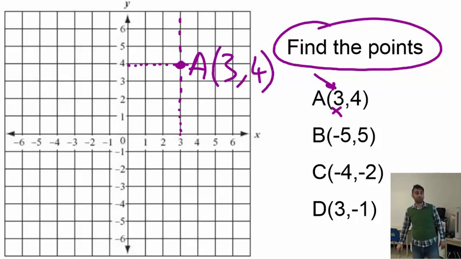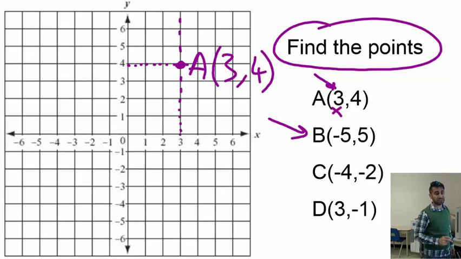Now, let's quickly do the rest of the examples. B is at -5. Remember, I am not looking for -5 here, which is y. I am looking for -5 here, which is actually x. And I don't know whether I'm going to go up or down. So let's just do both. Then -5 and +5.